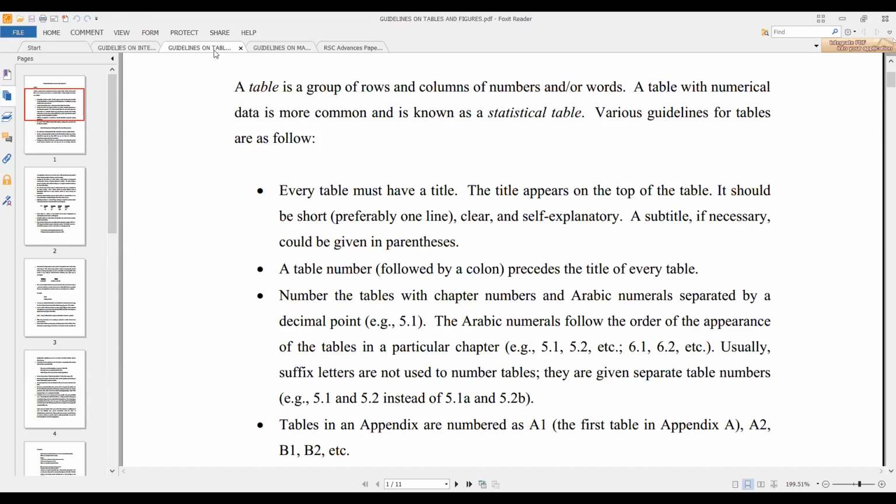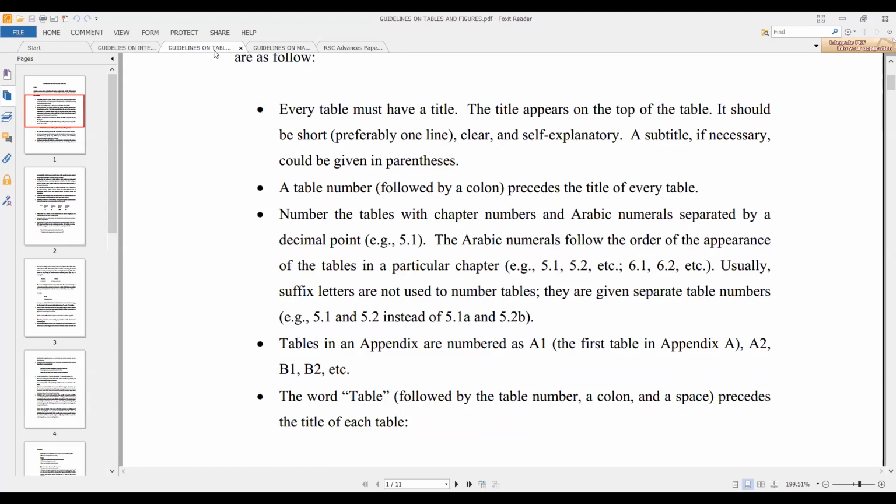One should give the table number followed by a colon, like Table number 5, Table 5, Table space 5, colon, followed by the title.